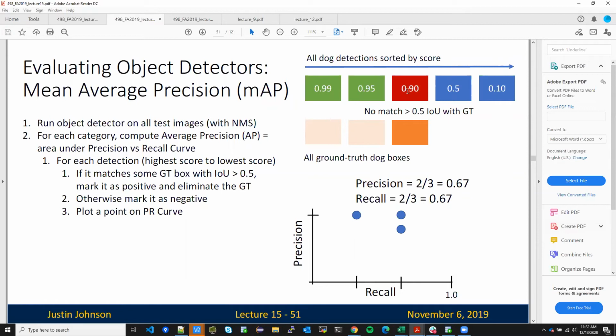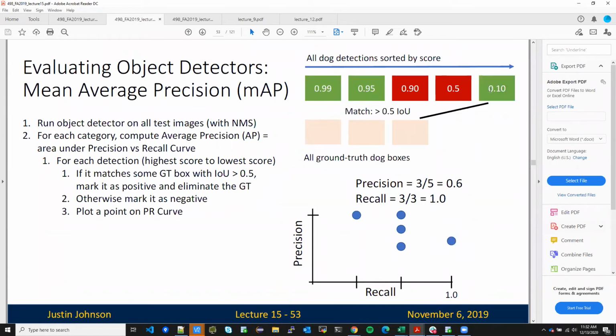Let's say for this prediction, no ground truth was found. So now precision becomes 2 by 3, and recall is 2 by 3. So it's this point on the graph. And let's say this is also an error, so you get your next point.